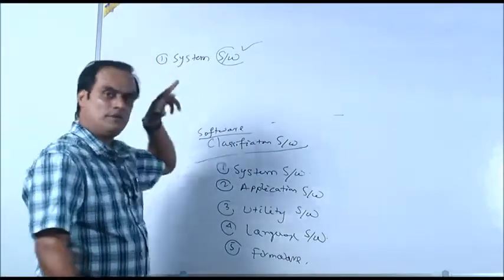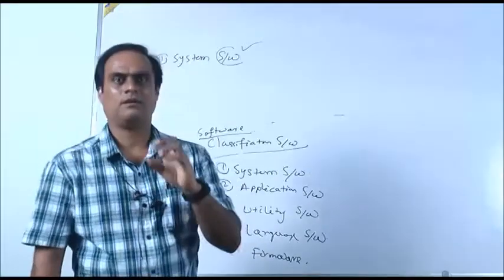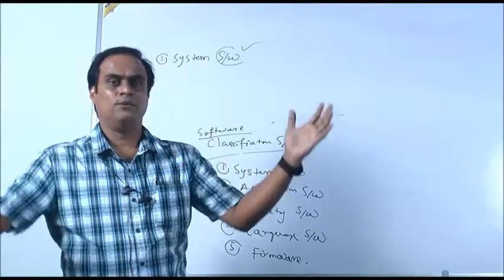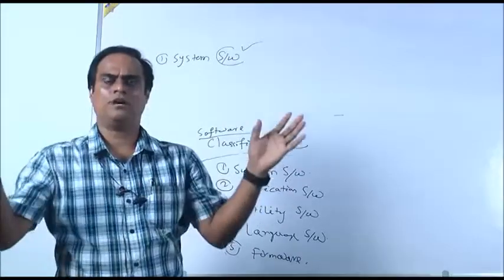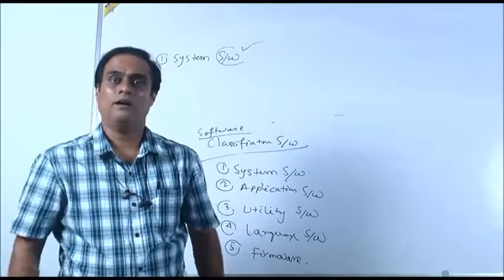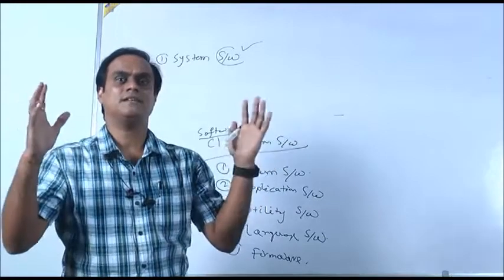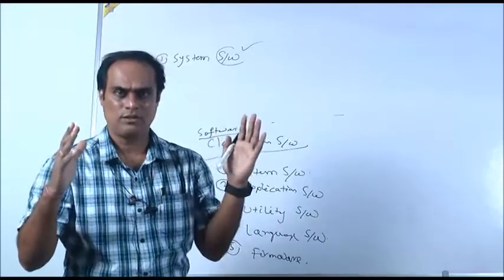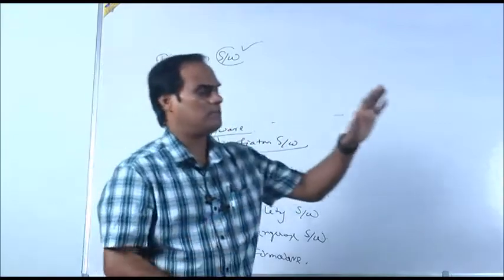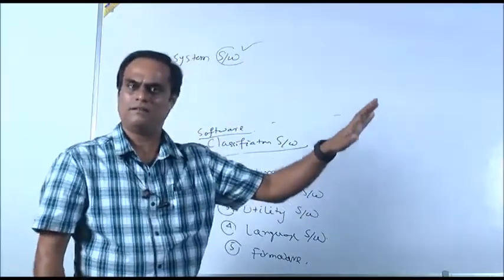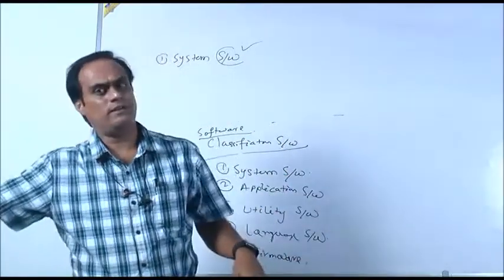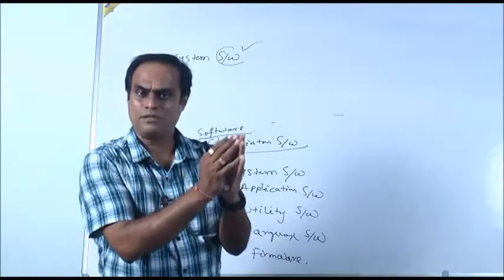The system is the computer system or computing device. When we combine all the input, output and processing units, we say this is a computer, yes or no. The keyboard is not the computer, the monitor is not the computer, the CPU is not the computer.